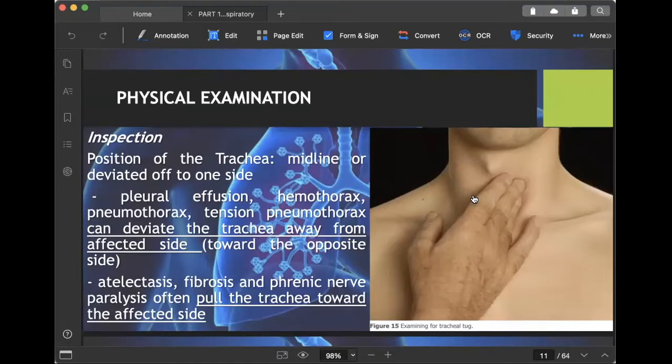Now, atelectasis, you already know this term, the lung collapse, fibrosis, and phrenic nerve paralysis often pull the trachea toward the affected side. Okay, so that's the difference. Atelectasis, fibrosis, and phrenic nerve paralysis pull the trachea toward the affected side, while pleural effusion, pneumothorax, hemothorax, and tension pneumothorax can deviate the trachea away from the affected side.